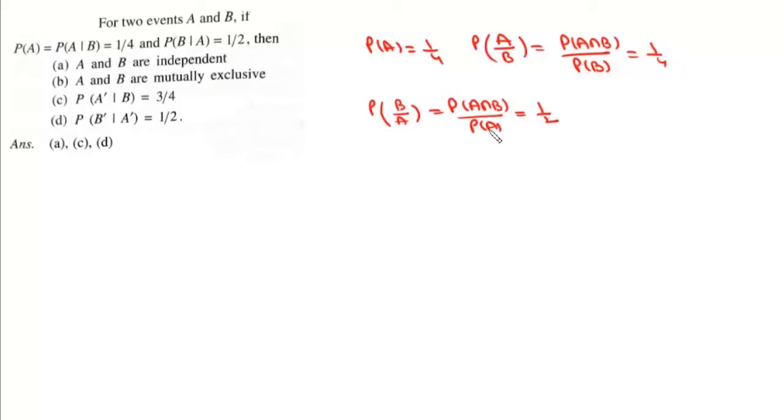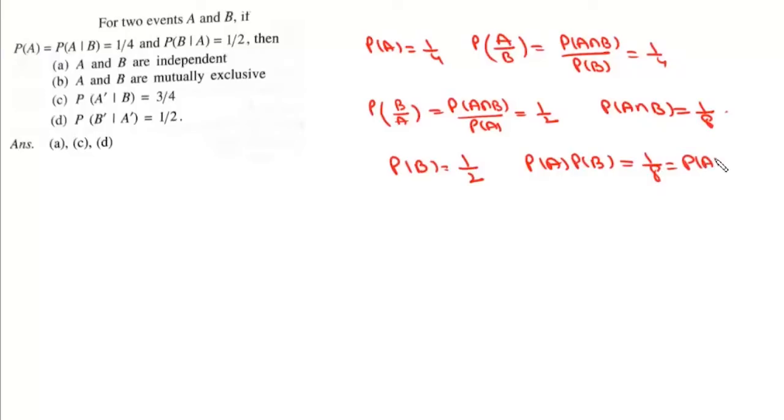Now we put the value of probability of A as 1 by 4, we'll get probability of A intersection B as 1 by 8. Now from A intersection B, we can find the value of probability of B. So now probability of B will be 4 times A intersection B, which is 1 by 2. Now P(A) into P(B) is 1 by 4 into 1 by 2, which is 1 by 8, and is same as P(A intersection B).